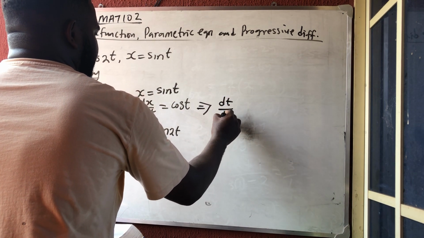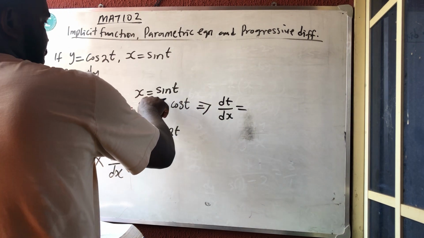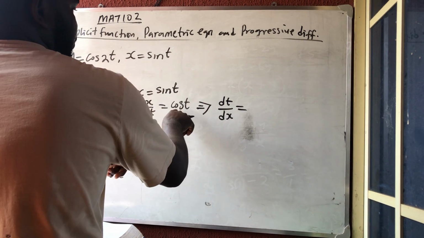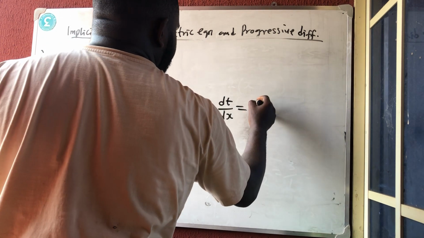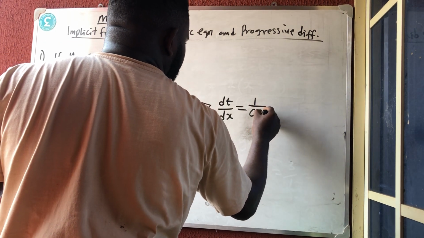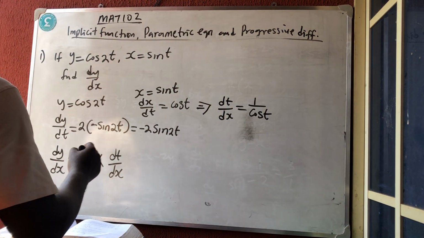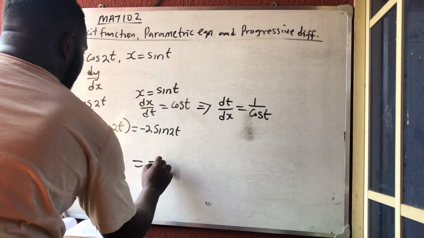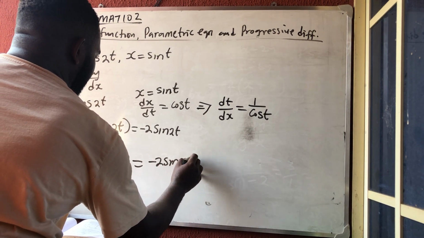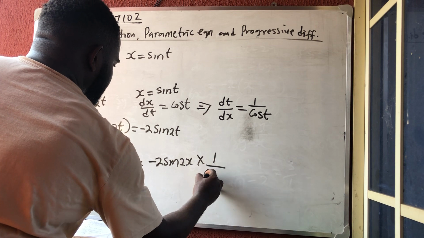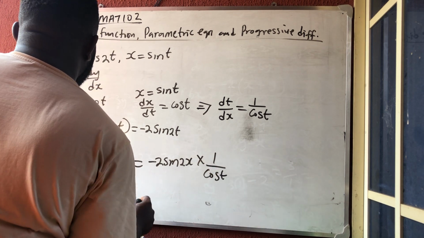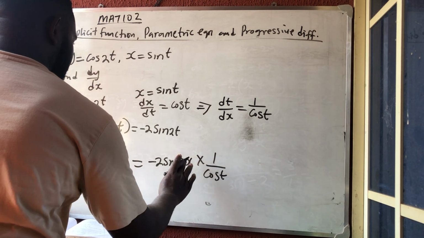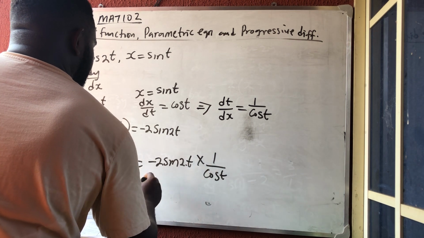To get dt/dx from here, if you turn this one upside down, there is over 1 here. So if I turn this upside down, I'm going to have 1 over cos t. So let me now put it: minus 2 sine 2t times 1 over cos t. Sorry, it's t, not x. So what do we have now?